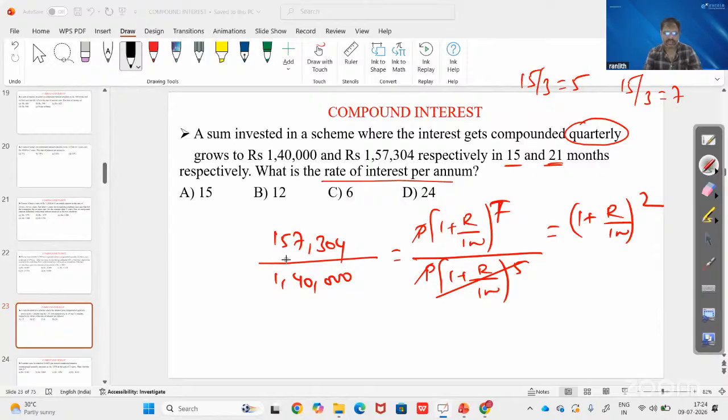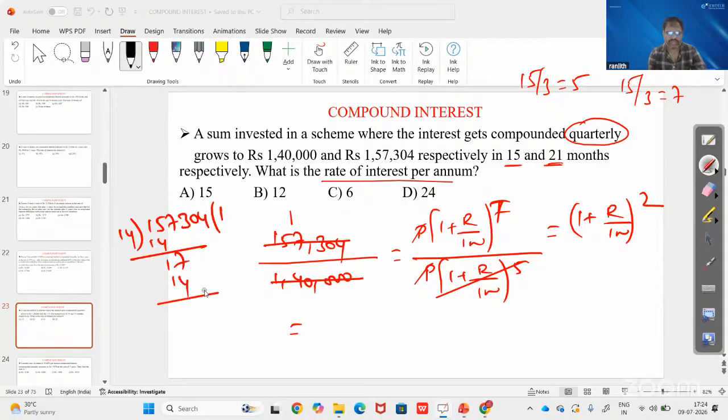If I cancel with the 14 table, 14 ones are 14, the remainder is 17, then 157, 304. 14 ones are 14, remainder 33. 14 twos are 28, remainder 50. 14 threes are 42, remainder 84.